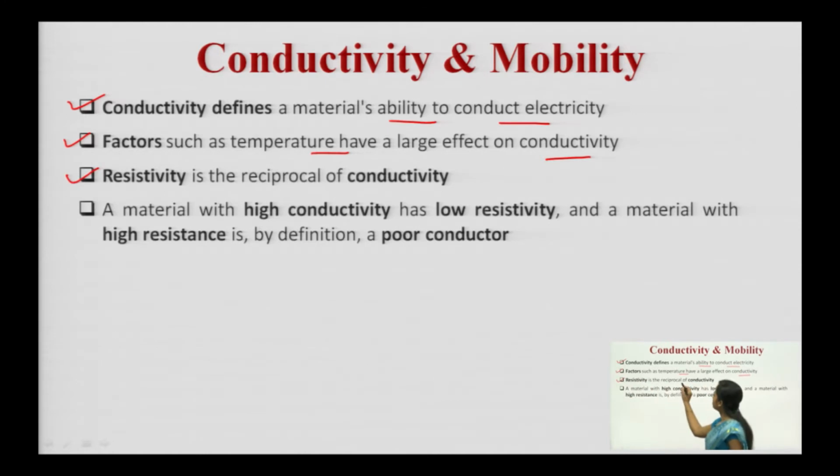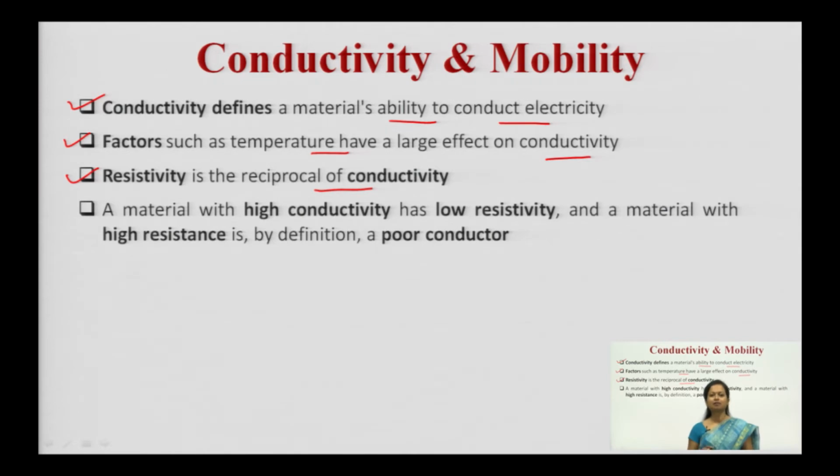Resistivity is the reciprocal of the conductivity. Reciprocal of the conductivity means if conductivity is high, resistivity will be low, so they are inversely proportional. If resistivity is low, the conductivity will be high. It means if the conductivity of conductors is high, their resistivity is low.